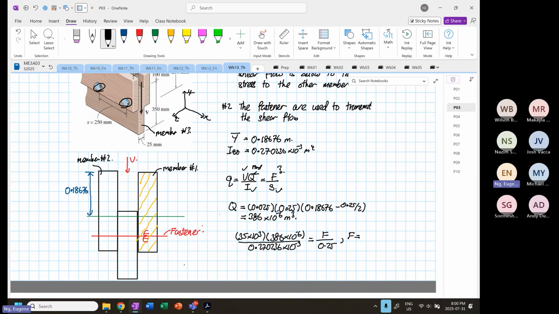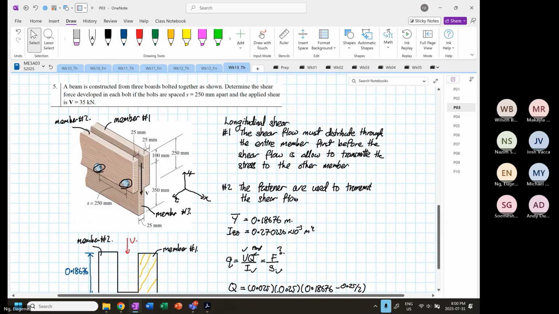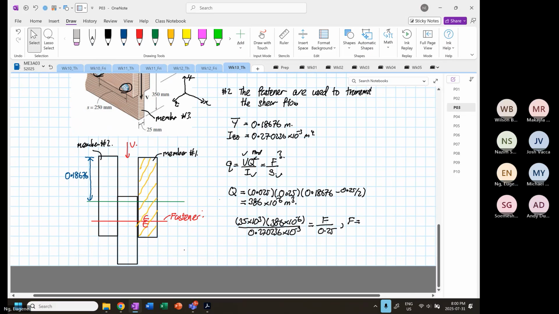So from here, F is equal to 35 power 3 times 386 power minus 6 divided by 0.270236 power minus 3, times 0.25.